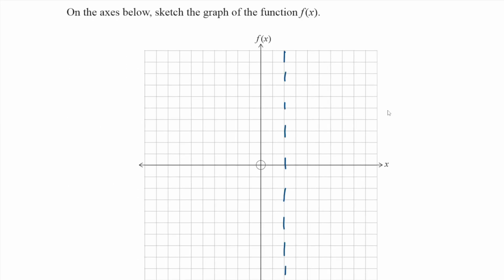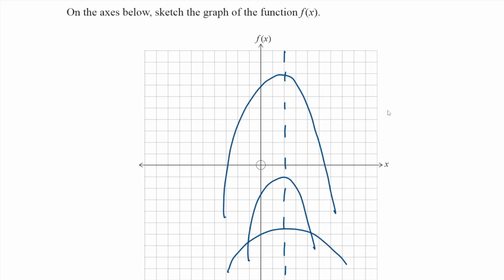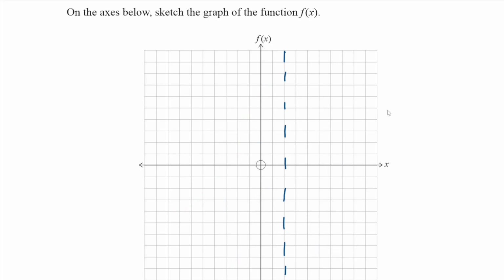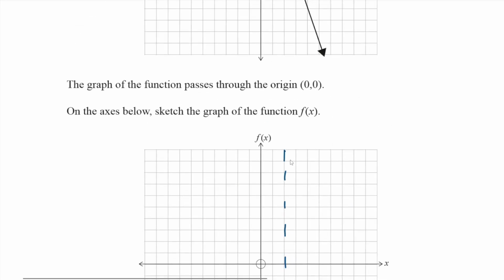So, for our negative quadratic, we know that the maximum must go through that dashed line. But how do we fix it into position? Well, the question told us it must go through the origin.